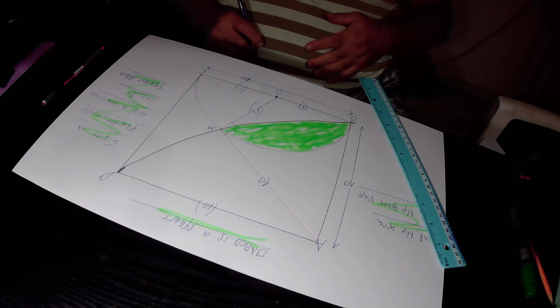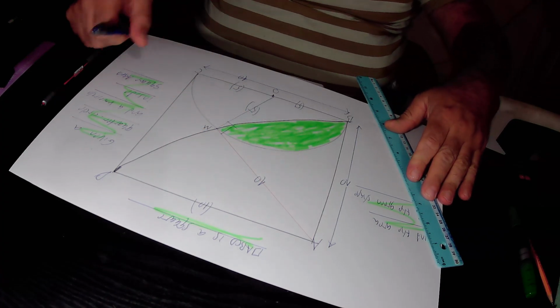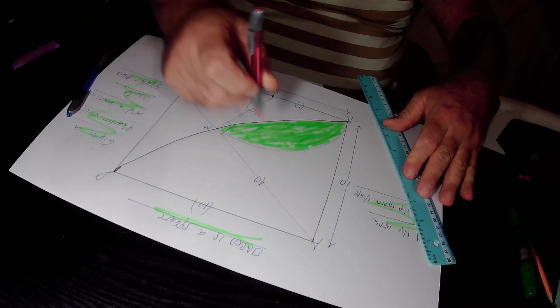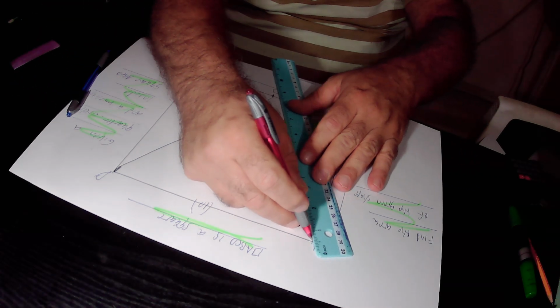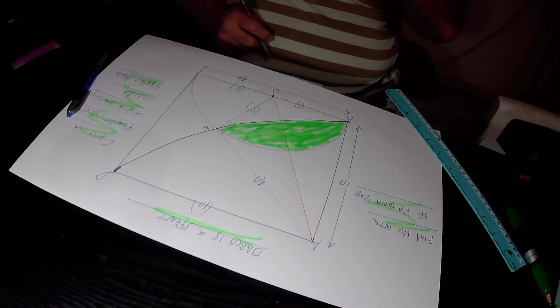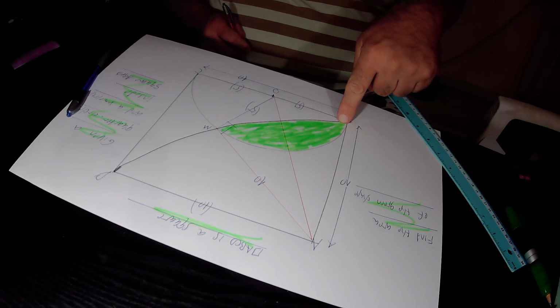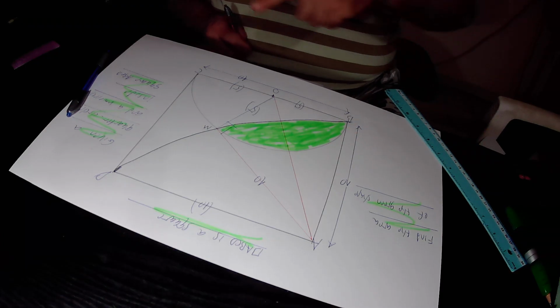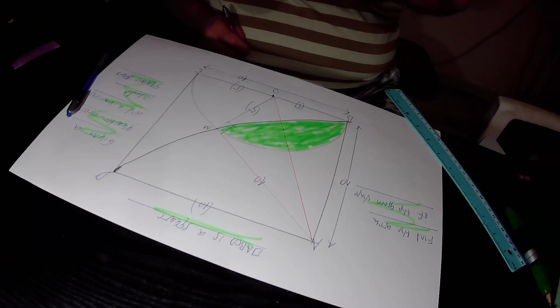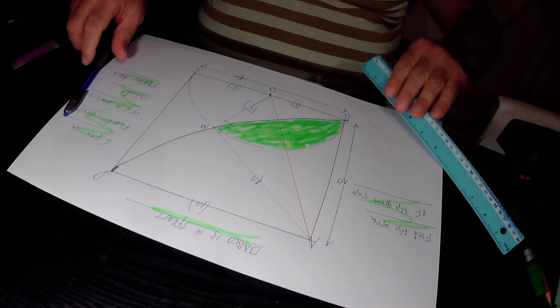In the next step, we join points A and O together by a straight line. We know that all the angles inside the square are right angles. So this is angle ABC, that is one out of 4 angles of square ABCD, and therefore it is a right angle.